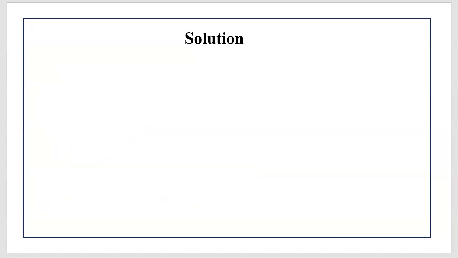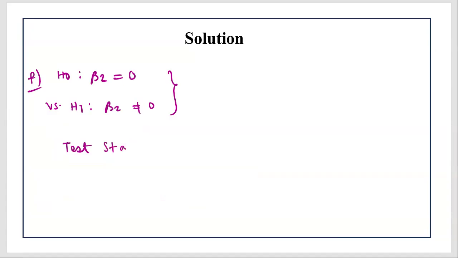Let us do that. So this is part F. So we have to test the null hypothesis beta 2 equals 0 versus the alternative hypothesis beta 2 is not equal to 0. So basically the two-tailed test. So what will be the required test statistic?